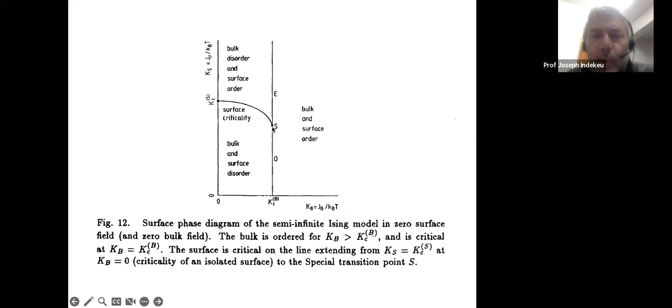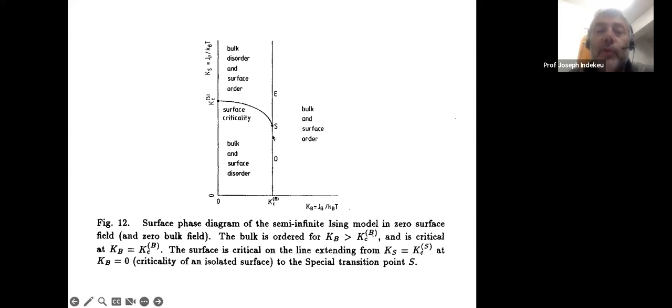So that very end point of this line of critical points here is called the special transition. For surface couplings stronger than those of the special transition, we speak of the extraordinary surface transition at bulk criticality.